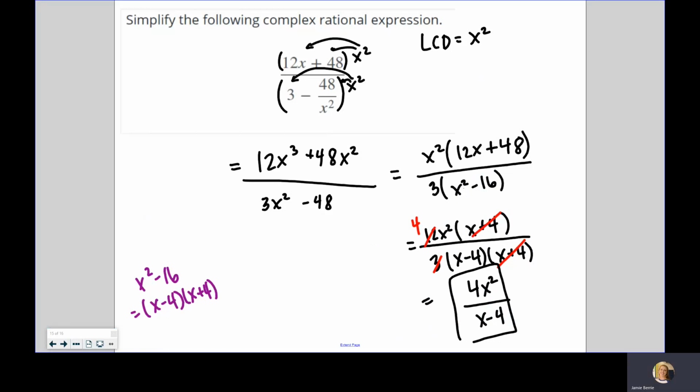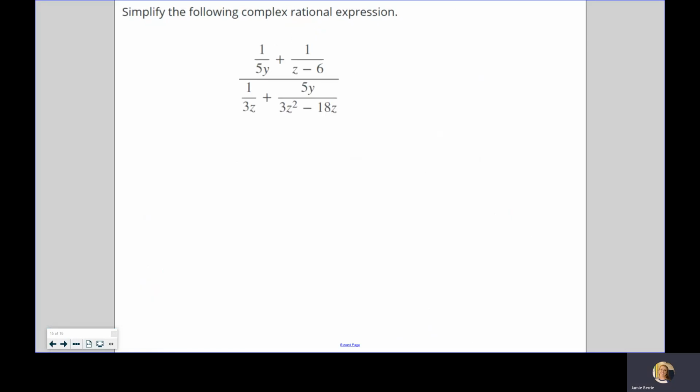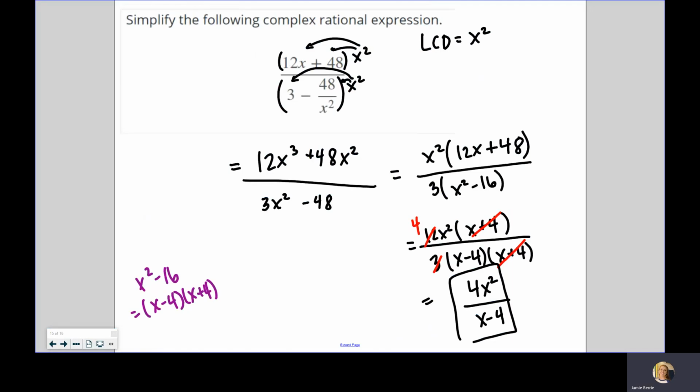All right, you guys, let's look at one more. You can see this one is obviously much more complicated because it has more fractions. So that was the first method, which is to find the LCD of each little fraction and then multiply every term by the LCD.